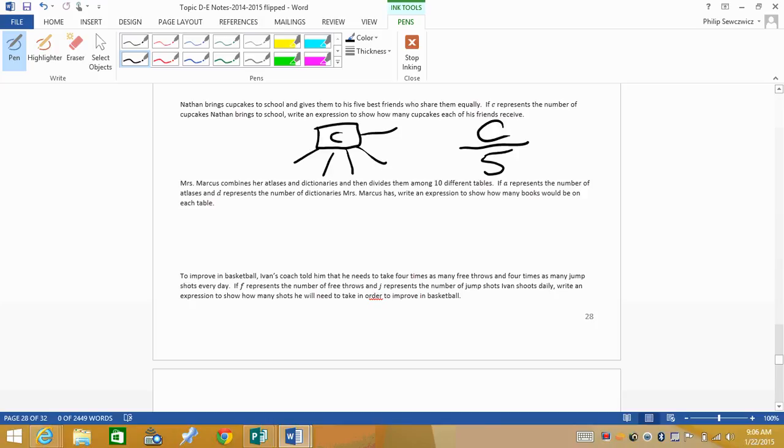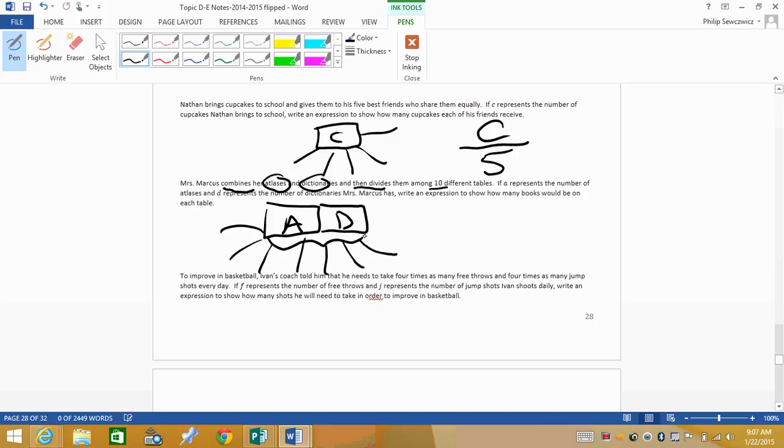Mrs. Marcus combines her atlases and dictionaries and then divides them among 10 students. So she combines the atlases and the dictionaries, then divides among 10 different students. A is the number of atlases, so we've got some atlases. D is the number of dictionaries, so we've got some dictionaries. We combine them together, and then we're going to share them among 10 people. 1, 2, 3, 4, 5, 6, 7, 8, 9, 10.